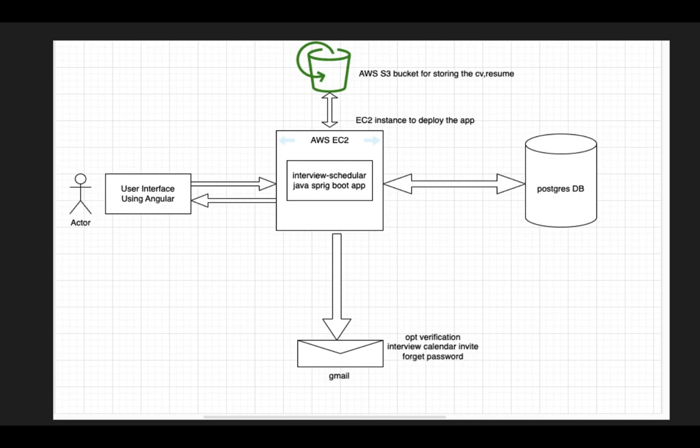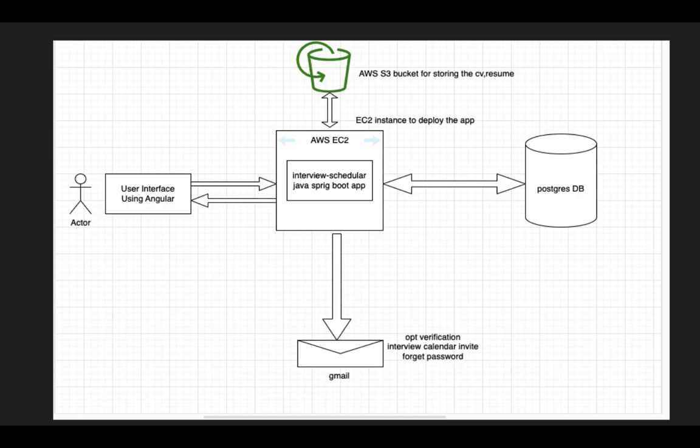For developing this interview scheduler app, we have used Spring Boot, one of the frameworks for rapid application development in Java. Then you might have to send emails to the candidate, so we have done the Gmail integration. To store the basic details of the candidate and interviewer, we have used the Postgres database.